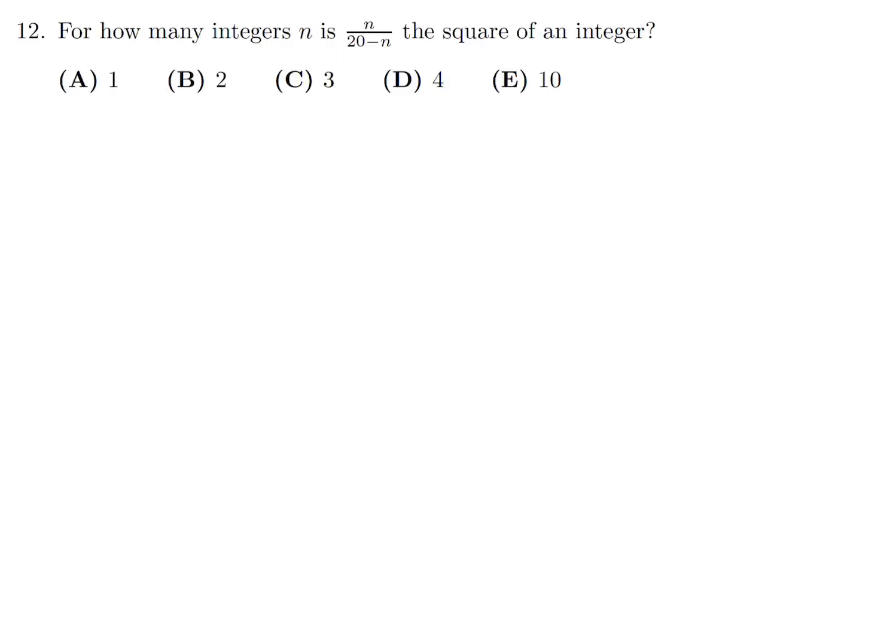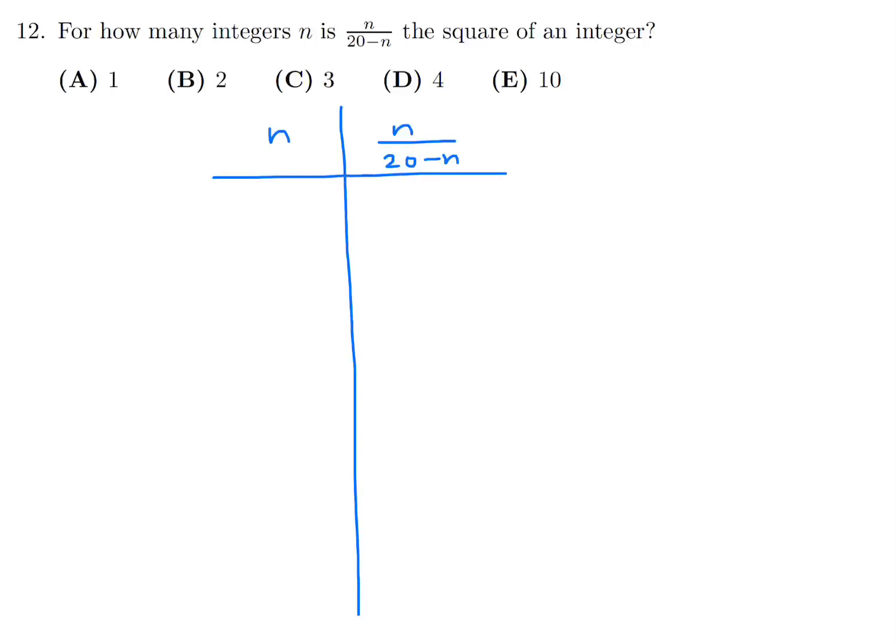For how many integers n is n over 20 minus n the square of an integer? So we'll make a little table for ourselves: n over 20 minus n, and let's see what we get. First thing I notice is that we can't let n equal 20, because then this expression becomes undefined.